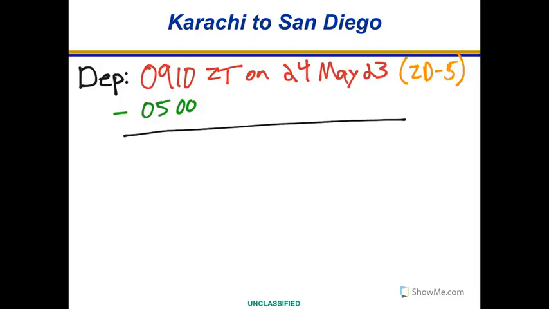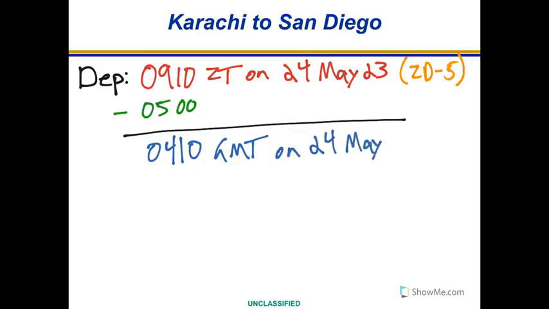We'll start with the minutes over here. 10 minus 0 is 10. Now we'll do the hours. 9 minus 5 is 4. So we're going to depart Karachi, Pakistan at 0410 GMT on 24 May 2023. That's the first part of the step.